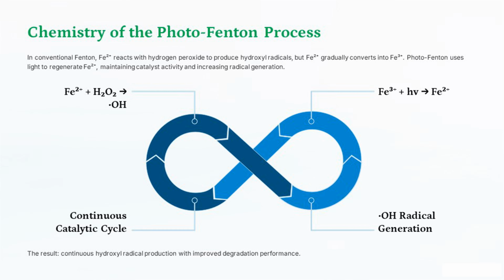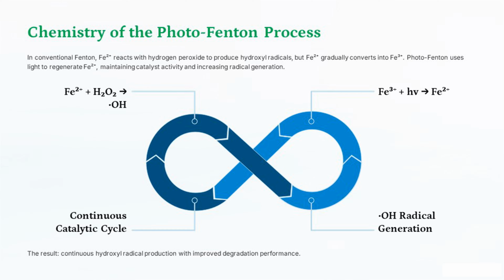Now let's understand the chemistry behind Photo-Fenton process. First, the reaction is exactly the same as the conventional Fenton reaction. Ferrous ion reacts with hydrogen peroxide to produce hydroxyl radicals. These hydroxyl radicals attack pollutants and break them down into smaller compounds. However, during this reaction, ferrous ion gets oxidized into ferric ion. This is where light plays a crucial role.